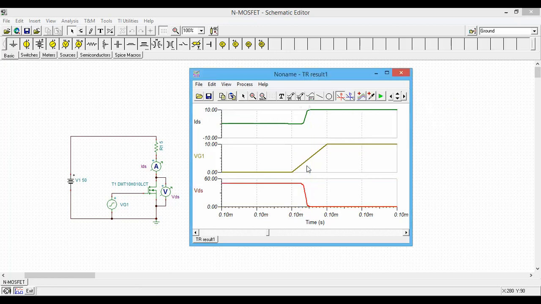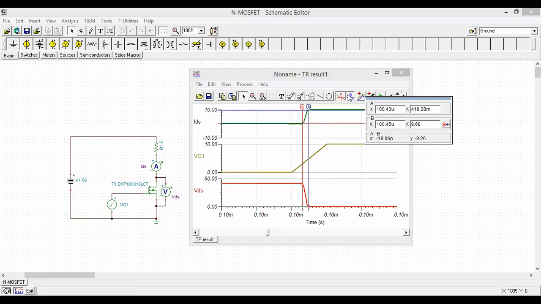So the energy consumed during this period is, like, this average current is 5 amperes. This average voltage is 25 volts.